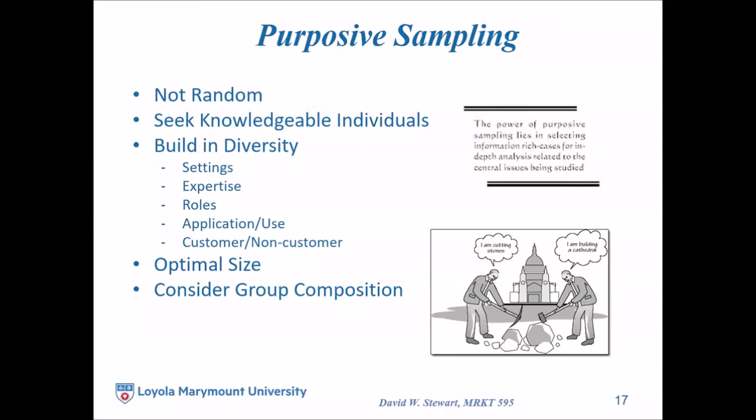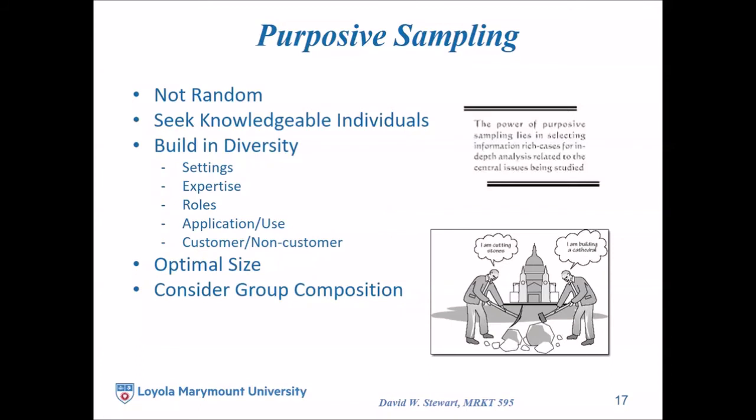But I want diversity in terms of setting, where people are using the product or service, maybe their expertise, what role they might play in the purchase process. When I was at McDonald's, we did lots of focus groups with Boy Scout and Girl Scout troops. You always see 8 to 10-year-olds wandering through the halls. And why? Well, they have a lot to say about fast food restaurants. And by the way, while parents will tell you they are not the decision maker, maybe not, but they sure have a lot of influence.